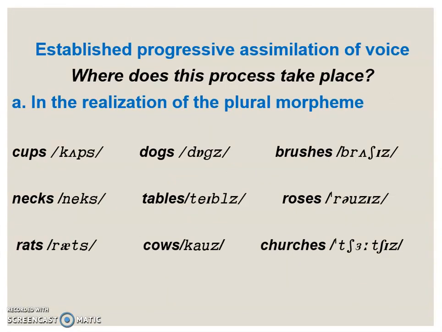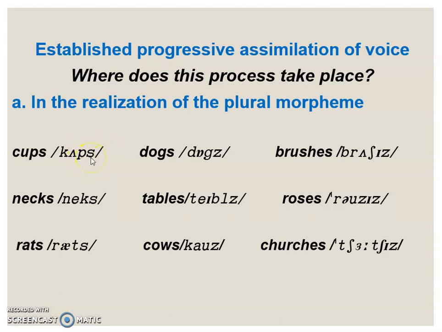Right, let's analyze the realization of the plural morpheme. Cup, that's the singular noun. The plural is cups. Why? Because the last sound of the singular noun is voiceless, p. So, the plural morpheme is realized as another voiceless sound. Voiceless, voiceless.